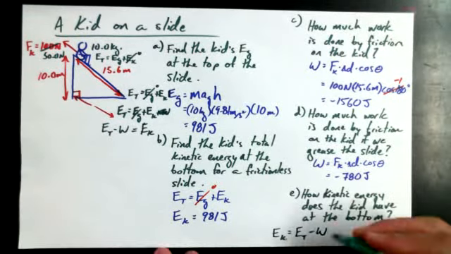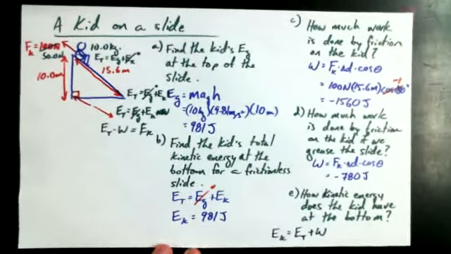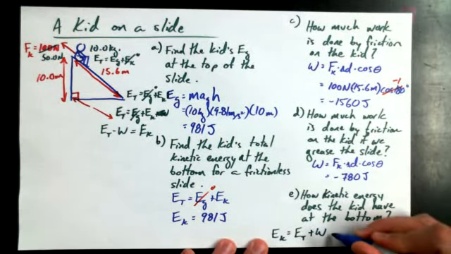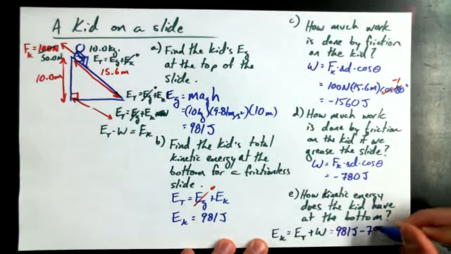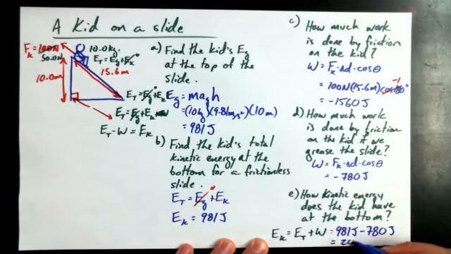Or I suppose we could say plus the work, but the work is actually a negative value. Okay? So we'd say 981 joules minus 780 joules, 201 joules.